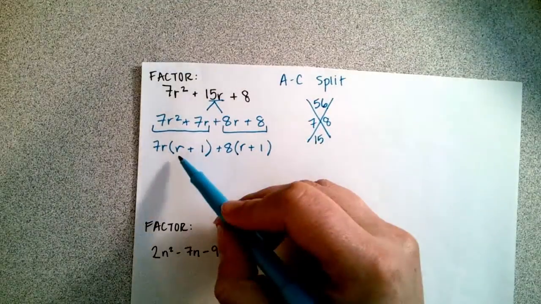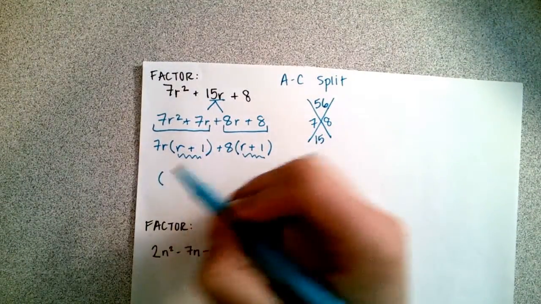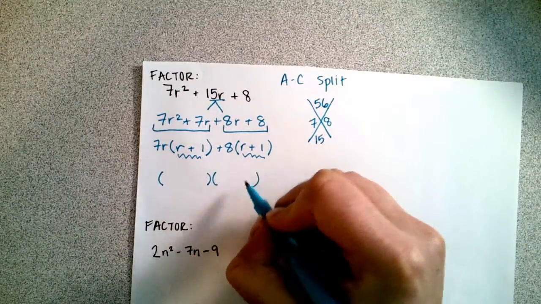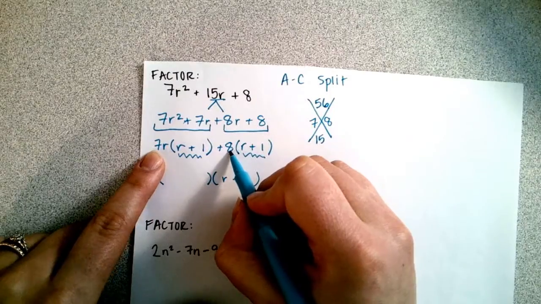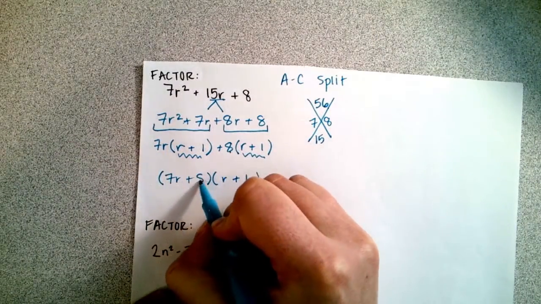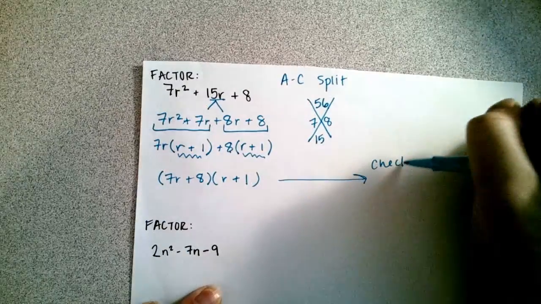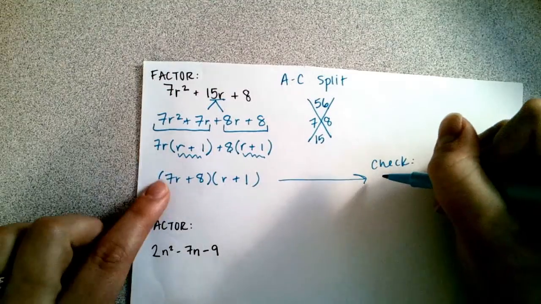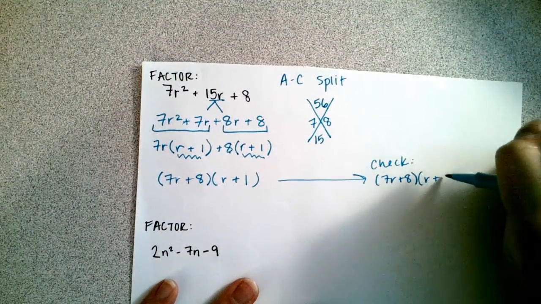With this method, you need these two sets of parentheses to match so that we can factor that set of parentheses out. So one of our factors is r plus 1, and the other factor is whatever numbers were out front of those parentheses, so 7r plus 8. As a reminder, you can always check your work by foiling out the answer you get to make sure you're right.